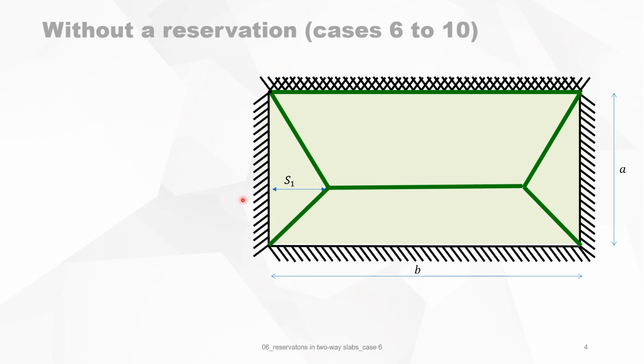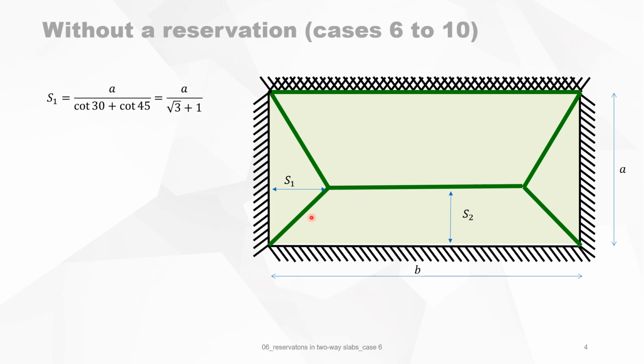Then we will have some geometry, S1, and S1 can be calculated by using the cotangent rule of a triangle, which means that the largest side of the triangle is equal to the height of the triangle multiplied by the cotangents of the two angles.